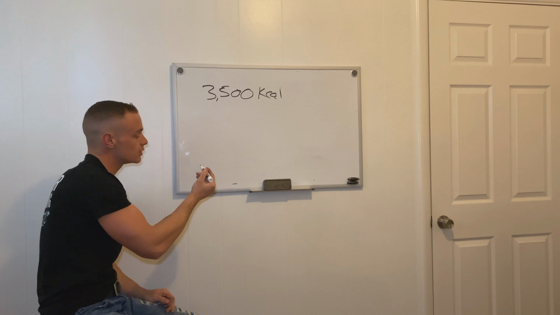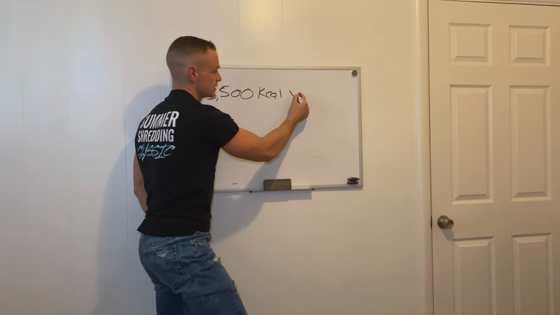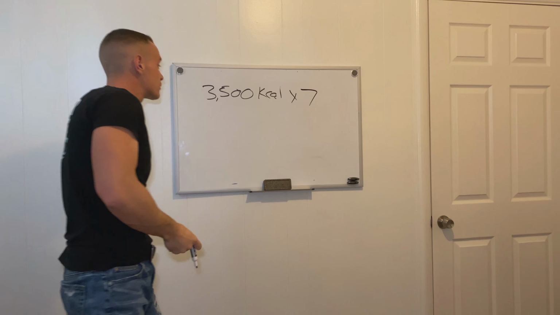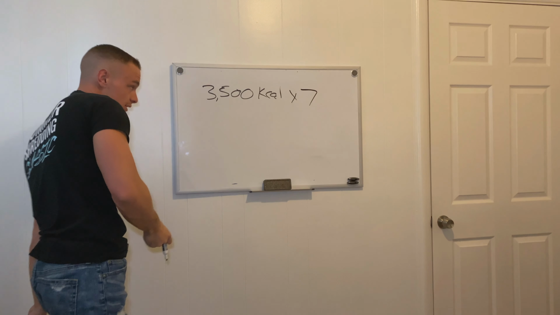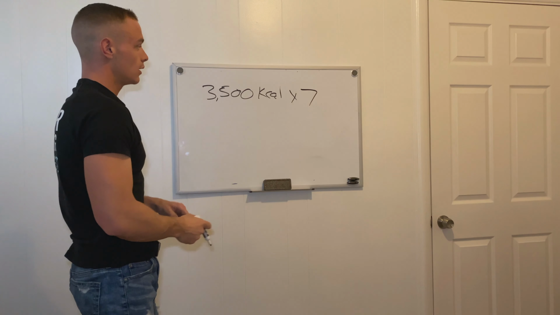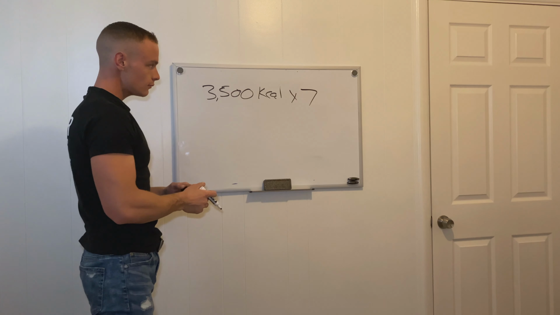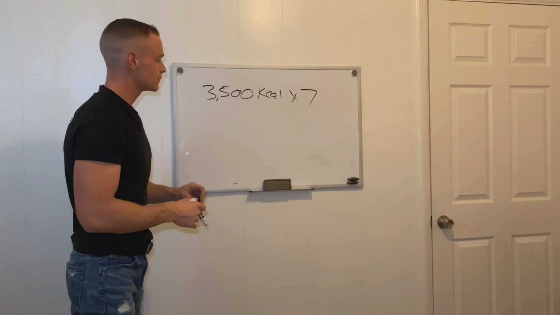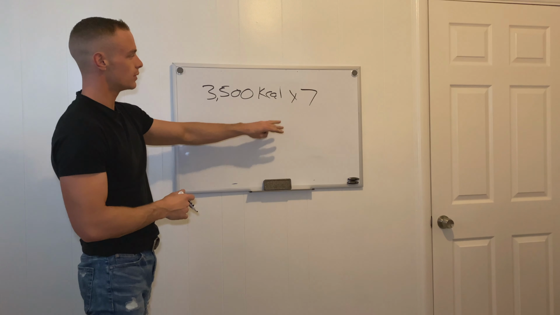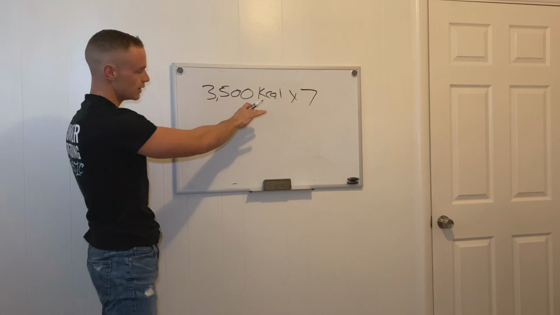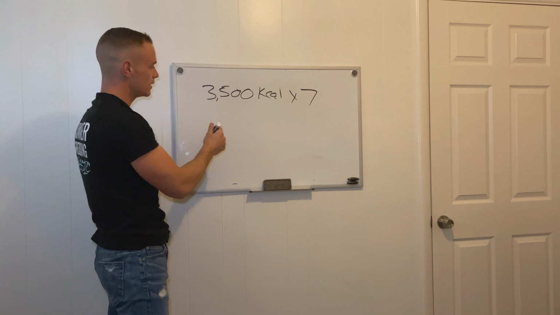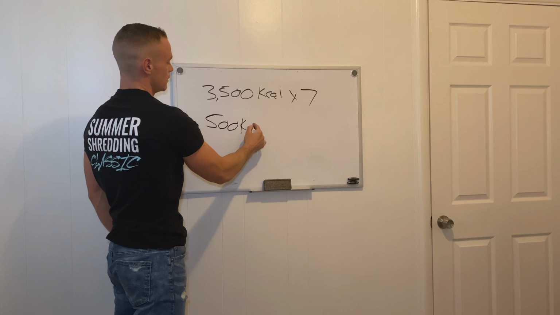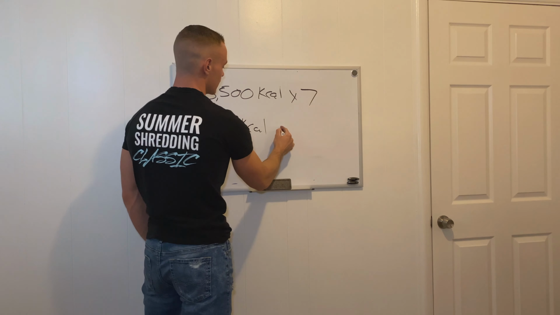So what you would do is divide that by 7 days a week, because hopefully you are trying to be active 7 days a week. You're not saying you have to be, but let's use it as an analogy. So that would mean that you have 500 calories a day.